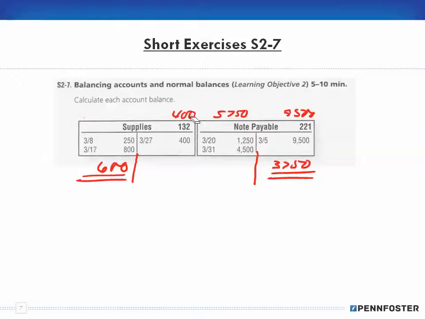Something to be of note: when we're talking about the normal balance of an account, we're talking about what increases that account.